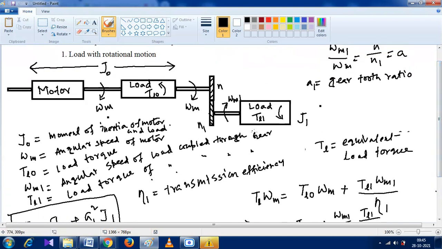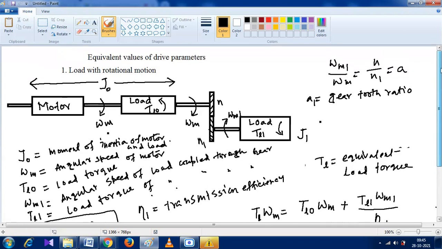Next, we have to move to the second consideration, the load with translation and rotational motion.